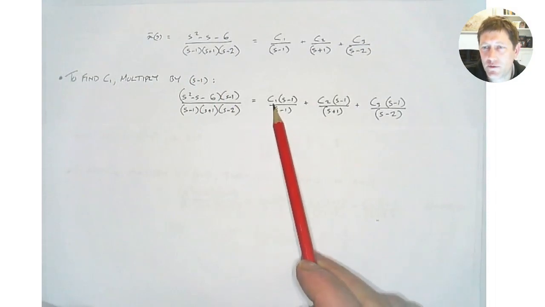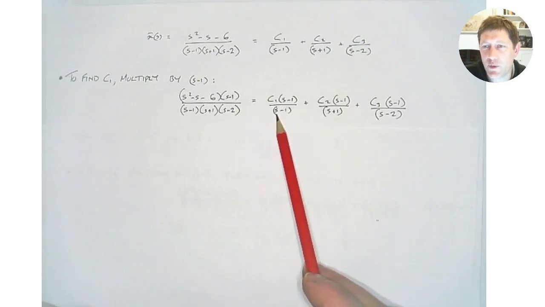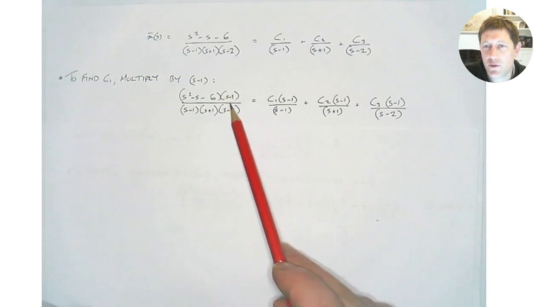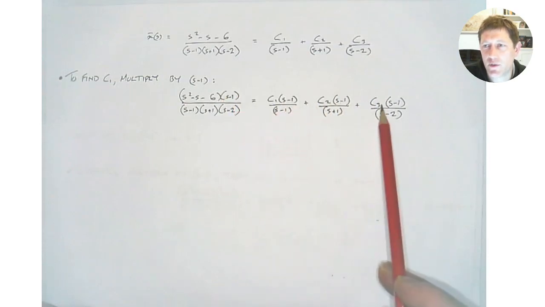We want to find coefficient c1, so we note that c1 is divided by s minus 1. So we multiply the left and the right, all of it, by this term here, s minus 1. So here we go, we've multiplied it here by s minus 1, and we've put s minus 1 on top of each of these.